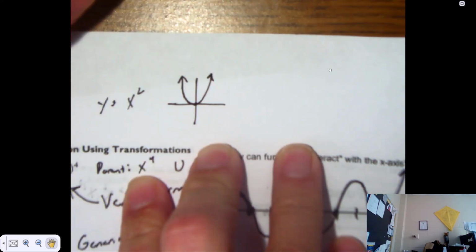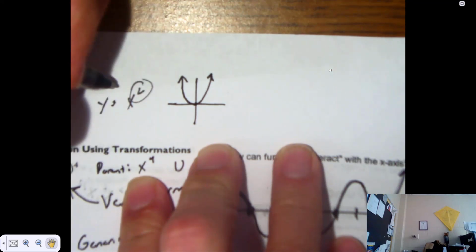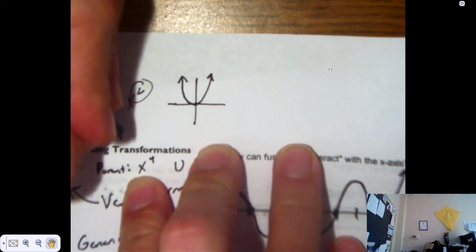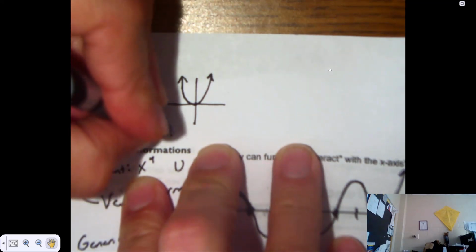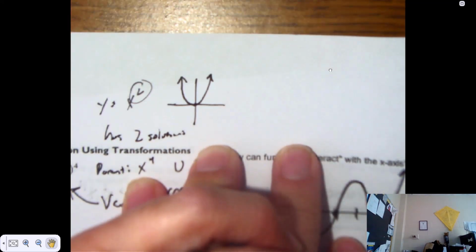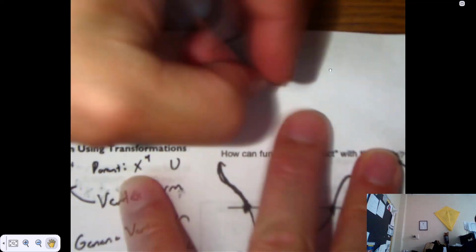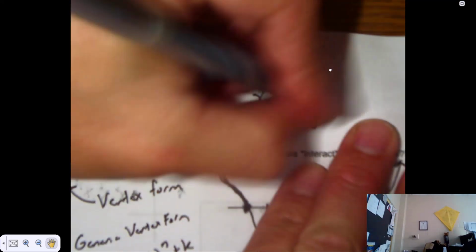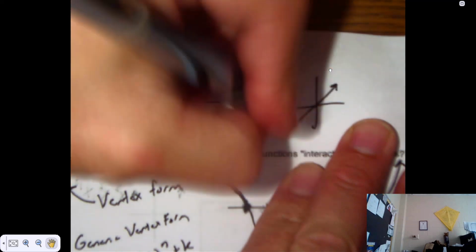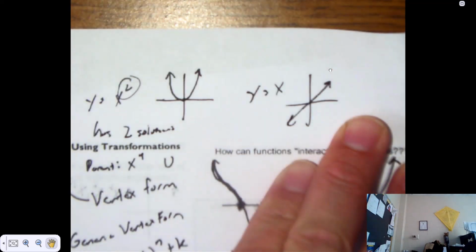X squared, how many zeros does it have? How many solutions does it have to have? 2. They're repeated, but it has 2 solutions. If you look at the very simple parent function y equals x, that thing crosses the x-axis. How many solutions does it have? 1.